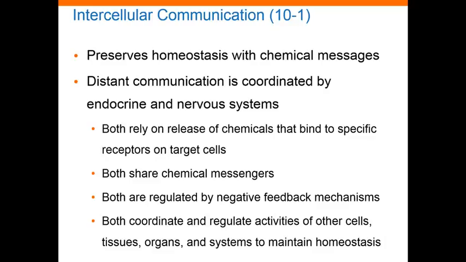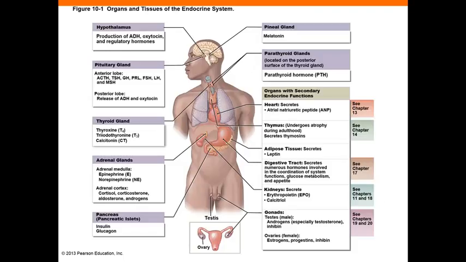For example, epinephrine and norepinephrine are hormones released from the adrenal medulla. Norepinephrine is also a neurotransmitter when released in synapses. Both are regulated by negative feedback mechanisms, and both can coordinate and regulate activities of other cells, tissues, organs, and systems with the goal to maintain homeostasis.